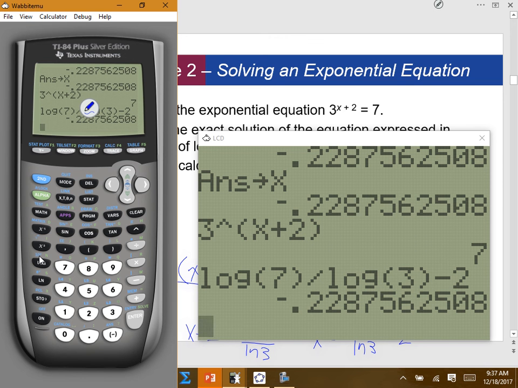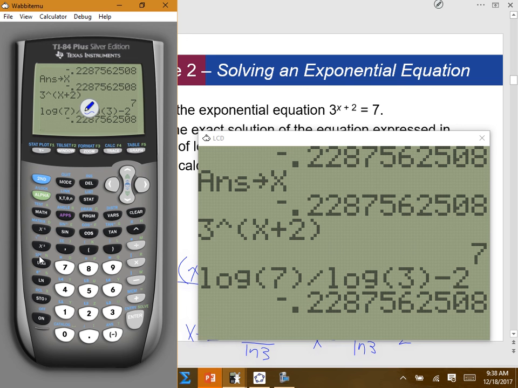Yeah. Okay. Those are the two kind of easiest logs to use because, especially with technology, they have their own buttons. The other bases are kind of hidden throughout the functions they calculate, and they're kind of a pain in the butt to type in. But any base is perfectly fine. Is that okay? Okay.